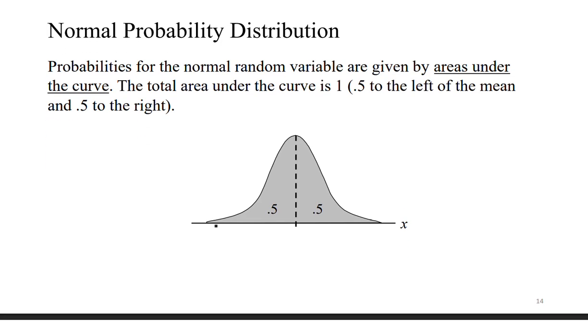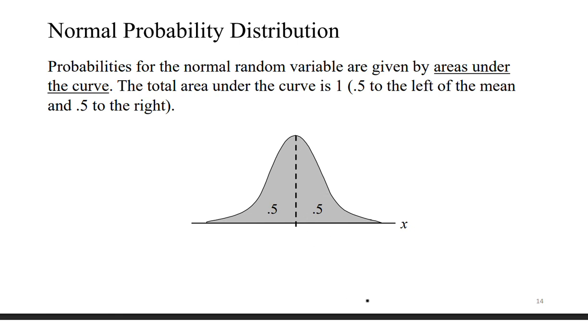Now, all normal distribution curves are like this. They are very symmetrical, which means if we divide them into two equal parts, this side here is going to look very similar to that side. And so the whole area under the curve is equal to 1. If we divide it into 2, this side will be 0.5, the other side will be 0.5.